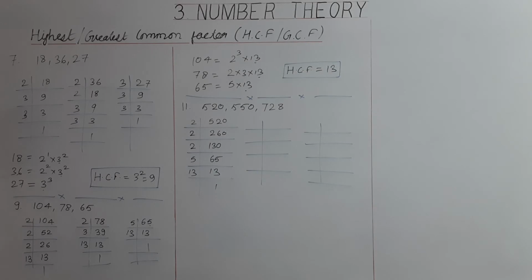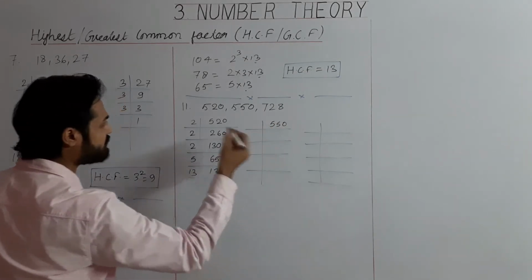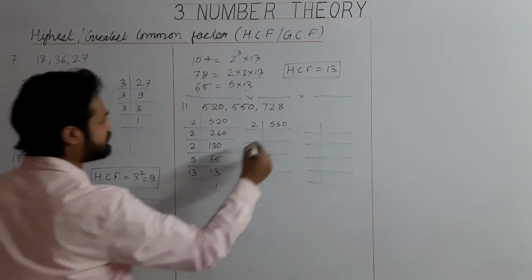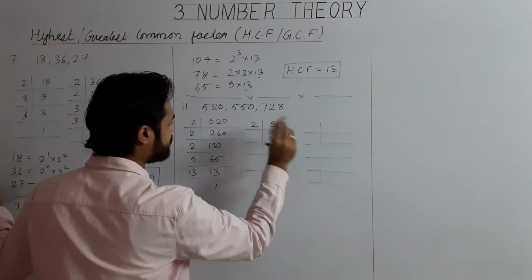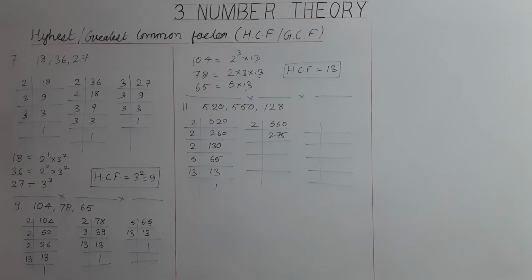Next number, 550. Again this number is an even number, so we divide 550 by 2. Latest number is 275. Now 275 is an odd number, so we'll check its divisibility by 3 first. 2 plus 7 plus 5 is 14, so 275 is not divisible by 3.